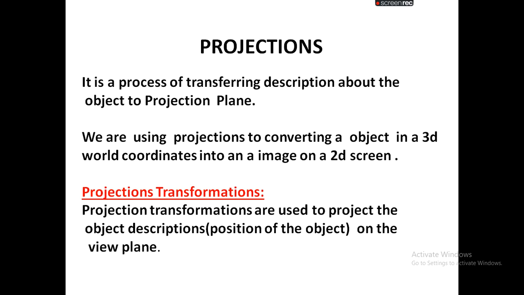In the three-dimensional viewing pipeline, first we translate modeling coordinates to world coordinates by performing the modeling transformation. Next, world coordinates to viewing coordinates by performing the viewing transformation. Now, with respect to this topic, we want to map viewing coordinates to projection coordinates using the projection transformation.